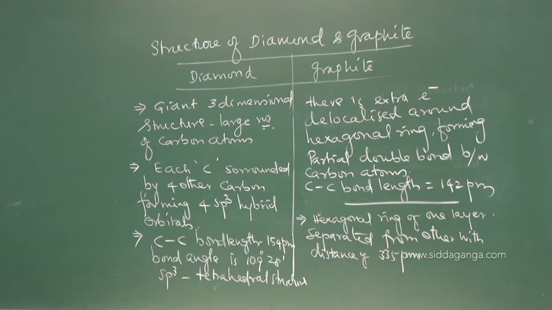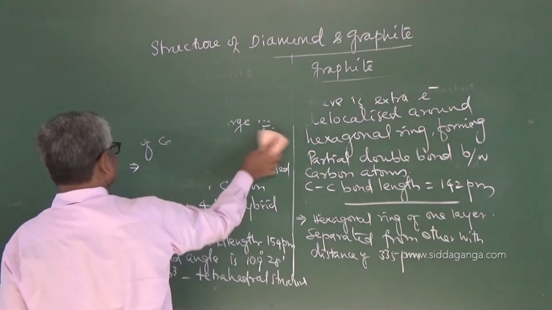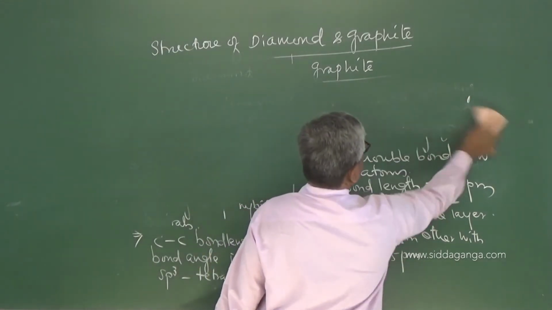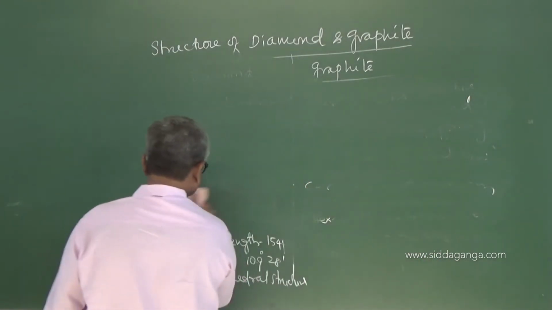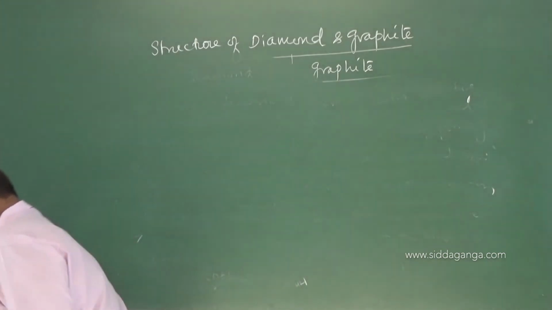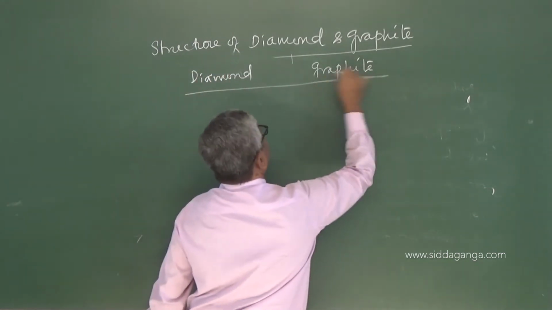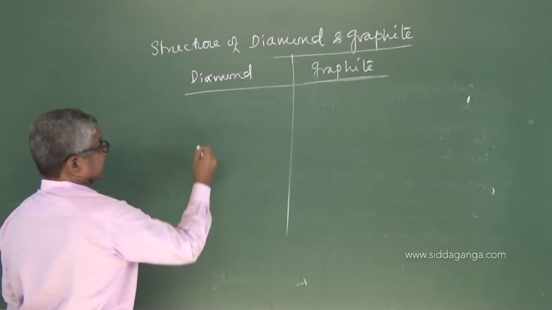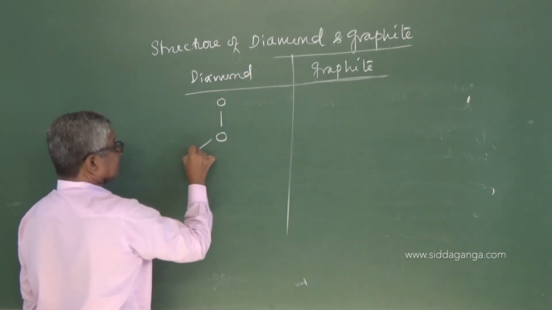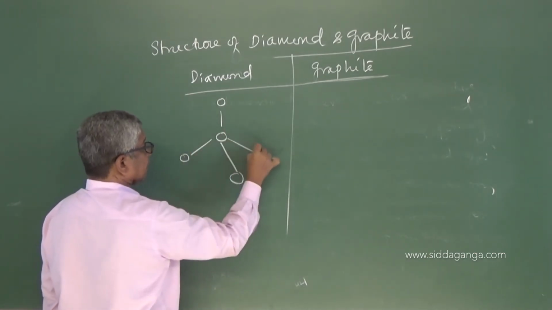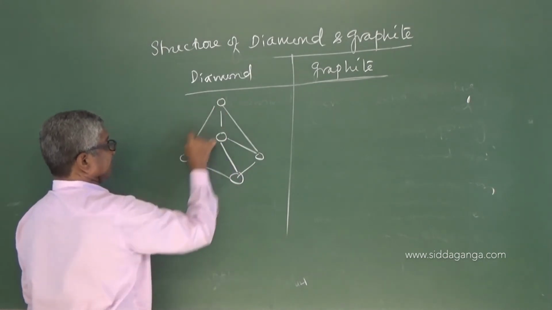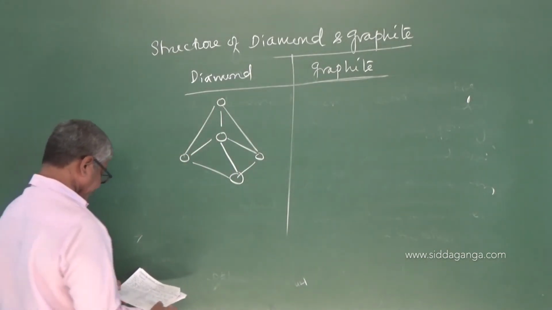Next, how the structures can be drawn. For the diamond, each carbon has this type of structure.